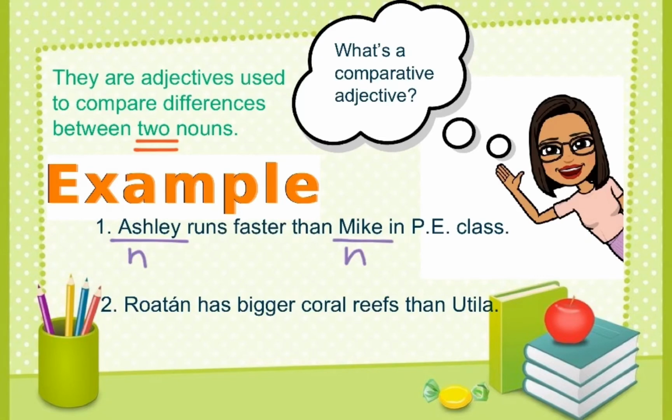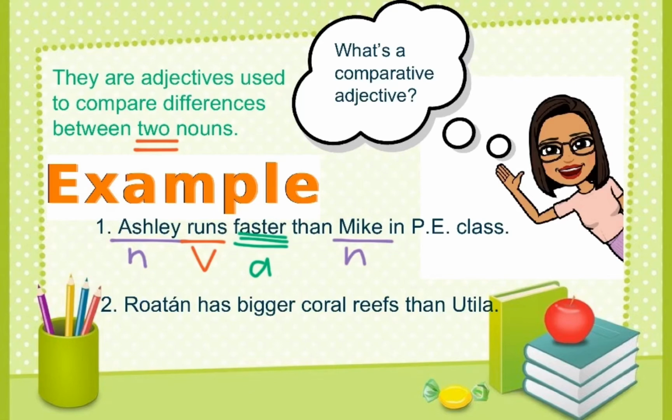And what is the difference between these 2 nouns? How am I comparing them? Well, they run, right? This is the verb. But how do they run? How does Ashley run than Mike? Faster. So this is my adjective, faster. Roatan has bigger coral reefs than Utila.